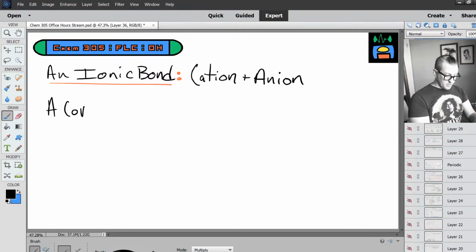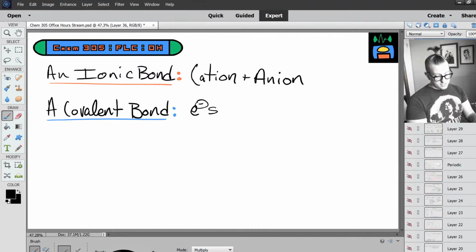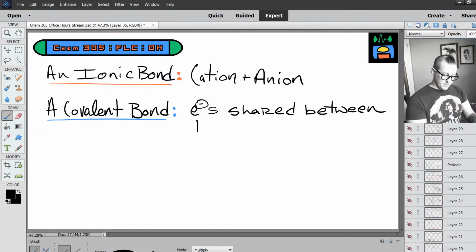What makes a covalent bond is electrons shared between two nuclei.